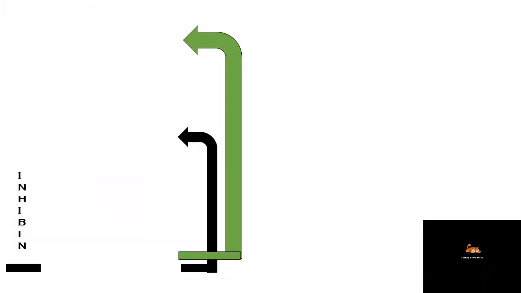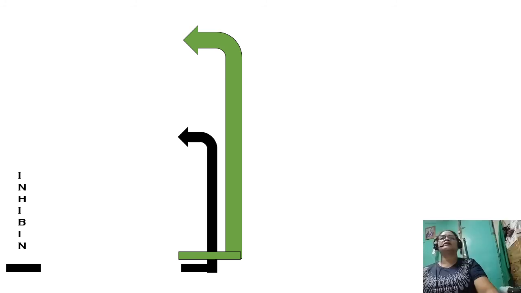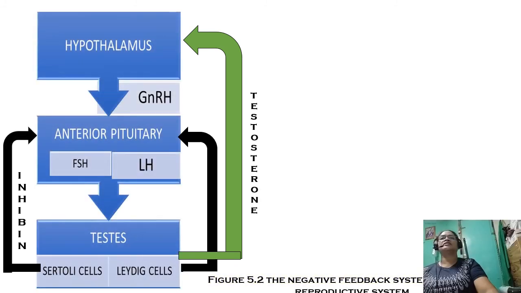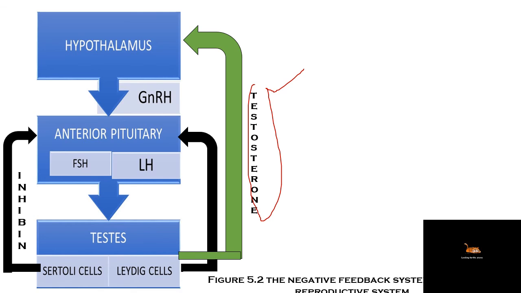Testosterone is the hormone responsible for the secondary sexual characteristics of male adolescents. During this time, it stimulates spermatogenesis, or the process of sperm production in the testes.